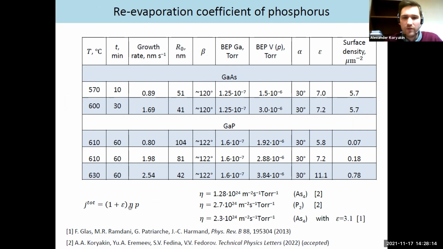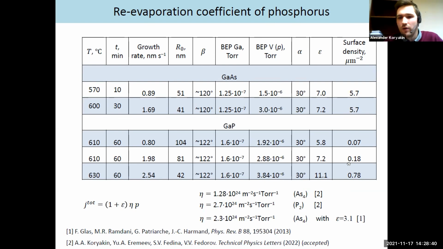We used experimental results that we obtained at academic university on the growth of gallium phosphide nanowires, here are some details, and obtained the value of the re-evaporation coefficient. We found that it can be larger than the evaporation coefficient for arsenic.